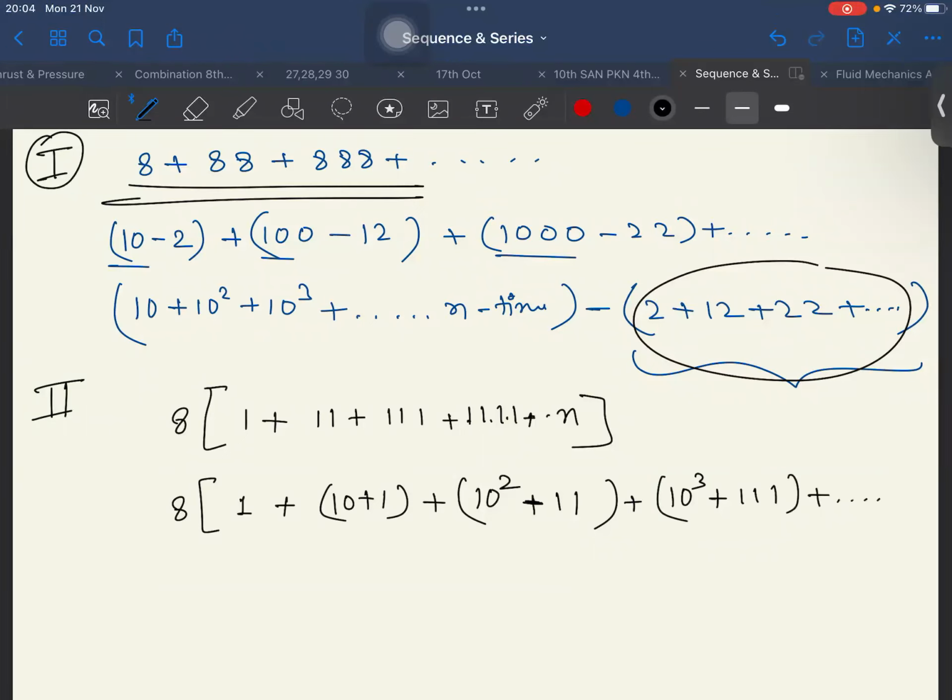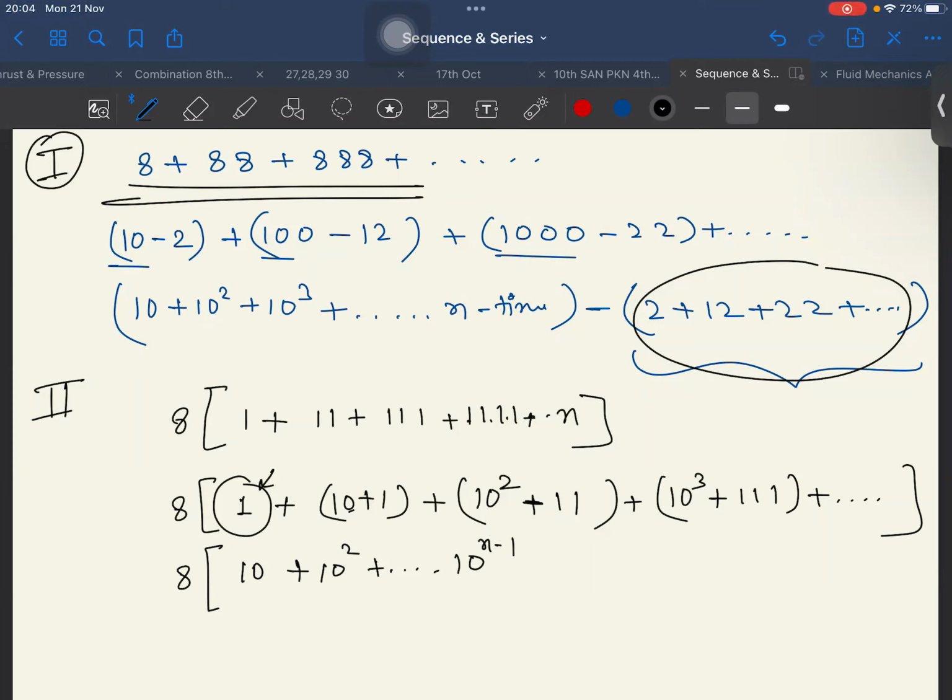Divya, you're getting it? Why would it be difficult? Let's see. We have 8 times 10 plus 10 square plus up to 10 to the power of n minus 1, again a GP, because the total number of terms is n, but this term we are not writing in terms of 10.